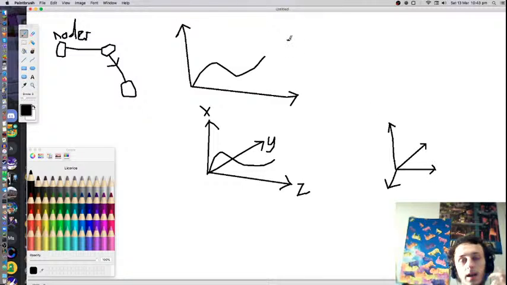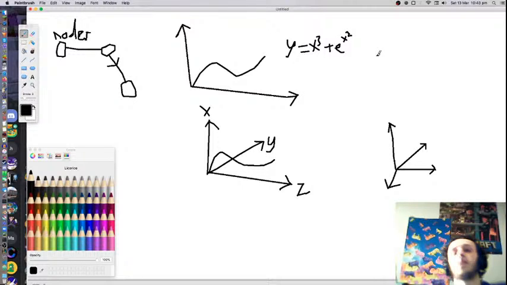So we might have y equals x cubed plus e to the x squared or something like that. And if we had a three-dimensional mapping, we are not going to look at technicalities too much, but essentially you can have a mapping between three variables, independent variables.